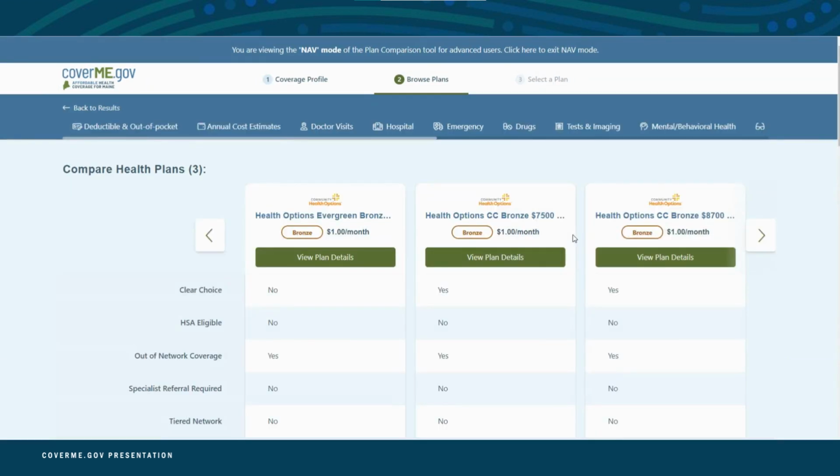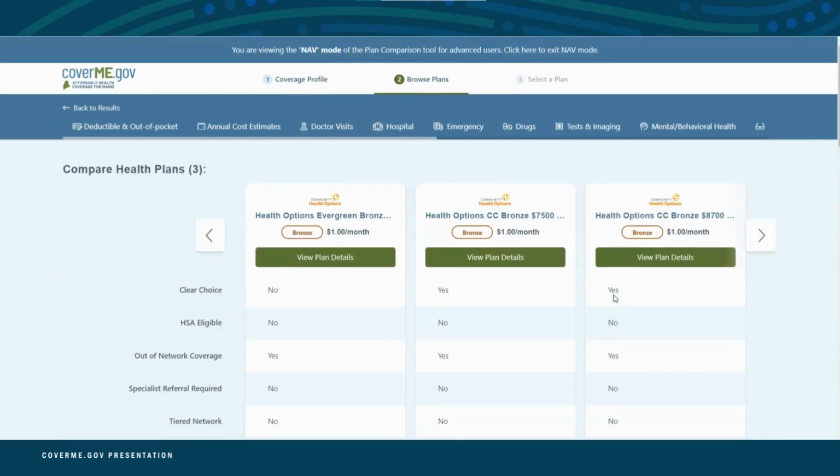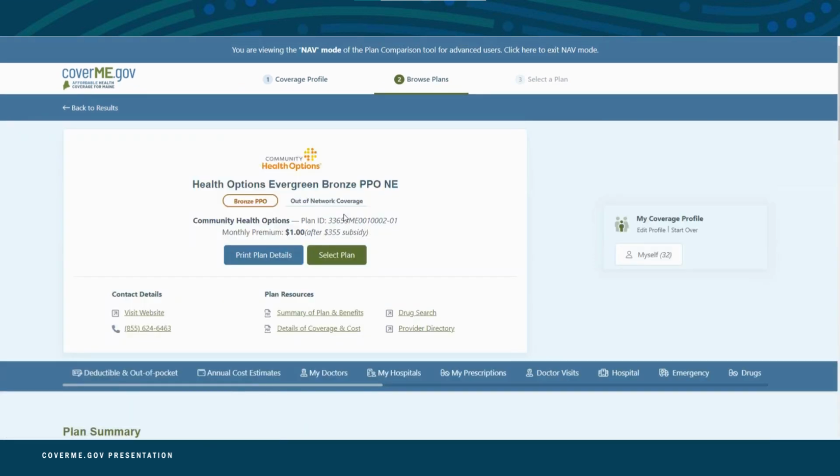This allows consumers to compare the plans directly, given each plan's cost sharing. Consumers can select Print Plan Details to either print or save the plan details as a PDF for later reference. They may also want to briefly note the full plan name, health insurance carrier, and metal level so they can easily locate the plan when they are ready to enroll.